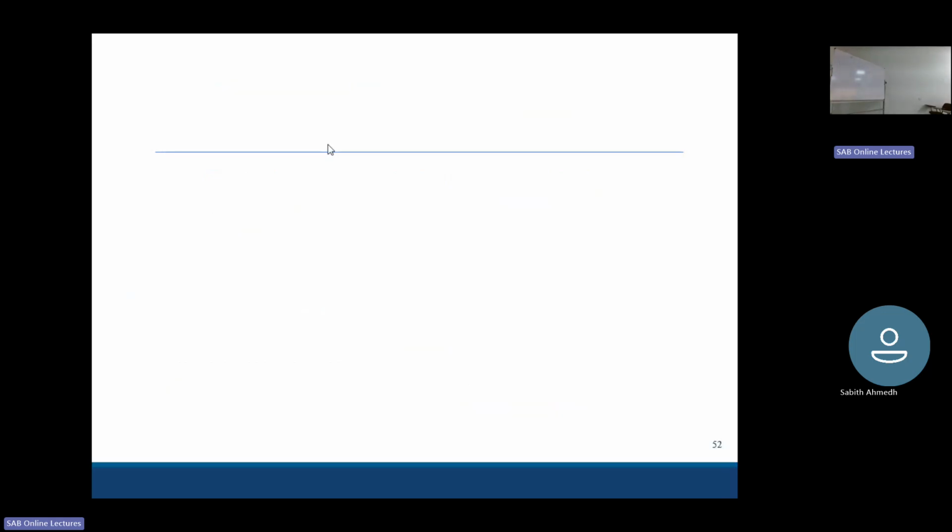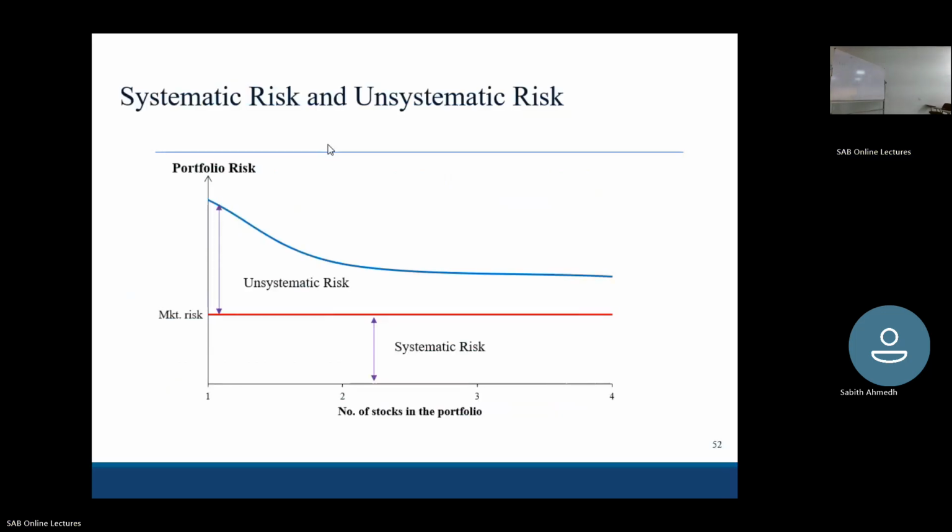Now, if you look at this diagram, this is portfolio risk. Here on the x-axis is the number of stocks in the portfolio. This is total risk. So total risk consists of unsystematic and systematic risk.